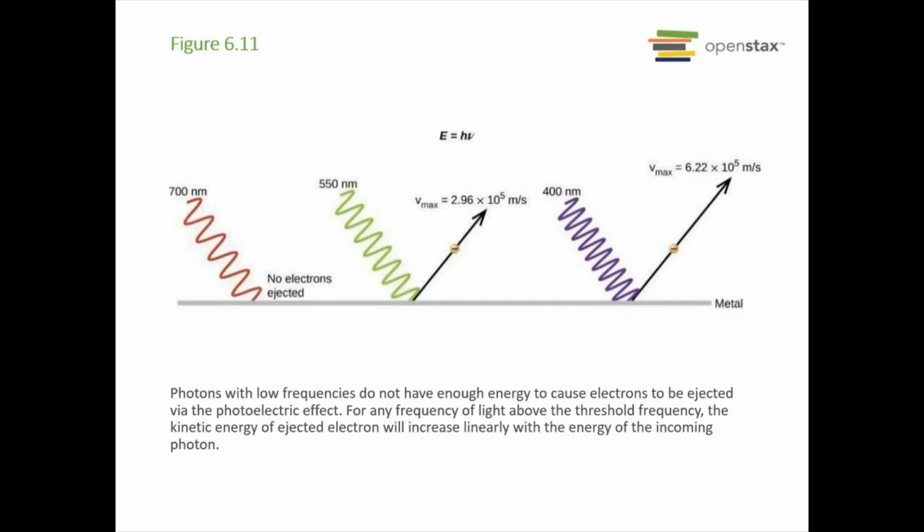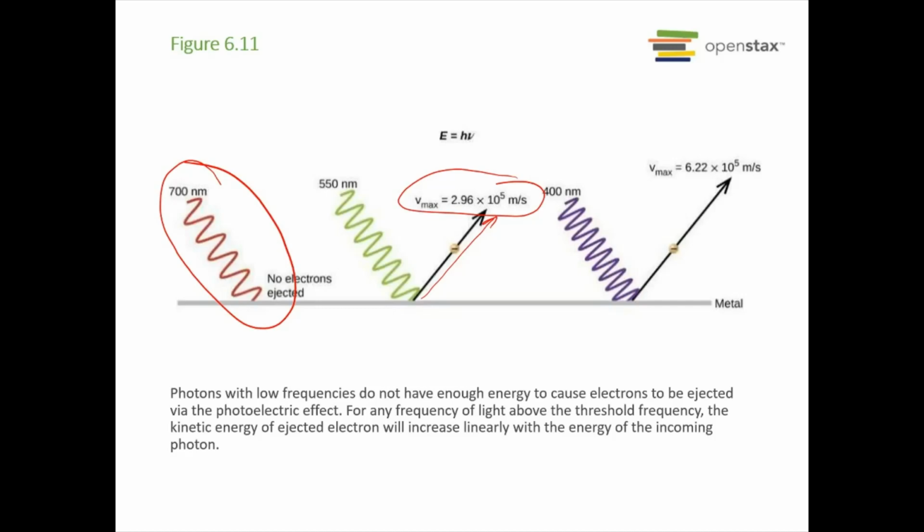So if the photon doesn't have enough energy to make an electron bounce off, nothing happens. So at a higher wavelength of light, something like red colored light that has a wavelength of 700 nanometers, it hits the metal and nothing happens because it doesn't have a high enough frequency. Once we start at a higher frequency, something like 550 nanometers or green, we see some electrons coming out, with a speed equal to a maximum of 2.96 times 10 to the 5th.